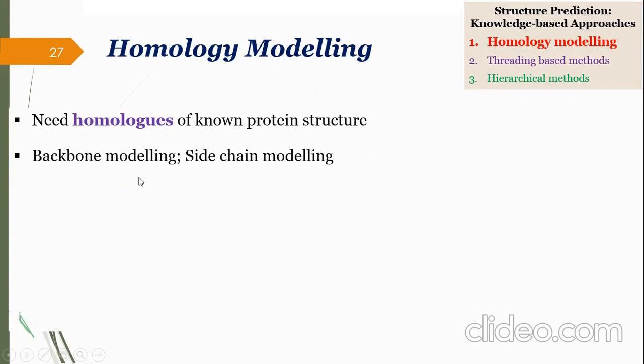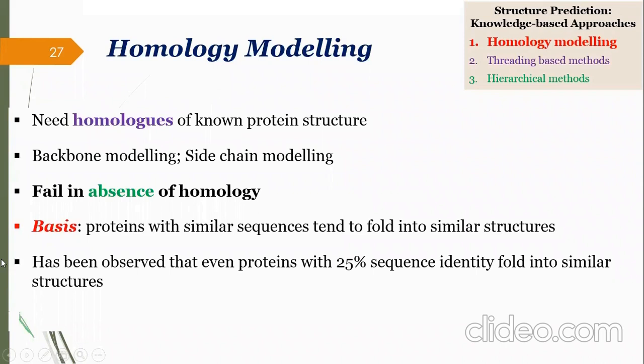The backbone can be modeled, and the side chain can be modeled separately as well. It fails in the absence of homology. Because its basis is homology, it needs a similar sequence, and if a similar sequence is not available, homology modeling is not possible.